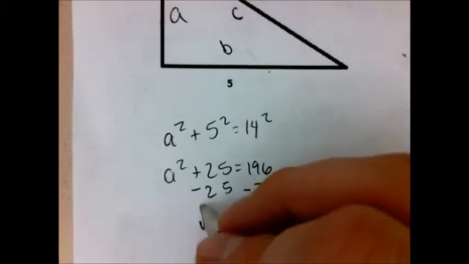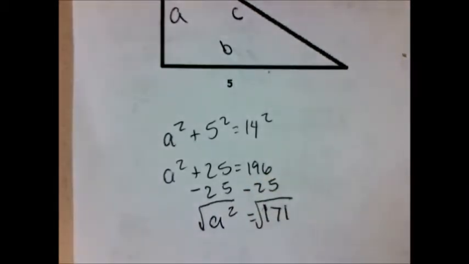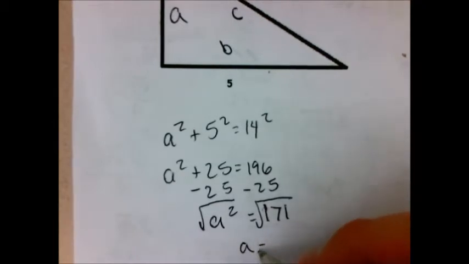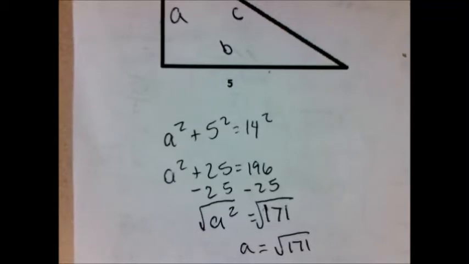I can tell you right now that if we square root both sides, you can't break down 171, so it just stays as square root of 171. Give you about 15 seconds to write that down.